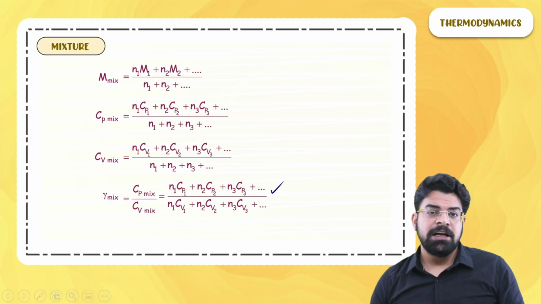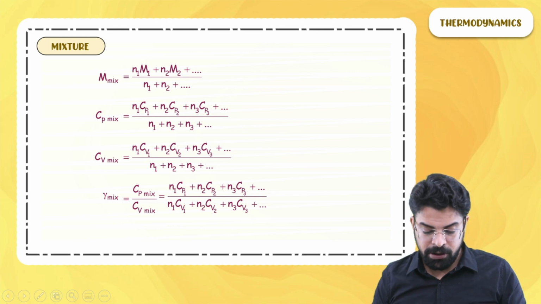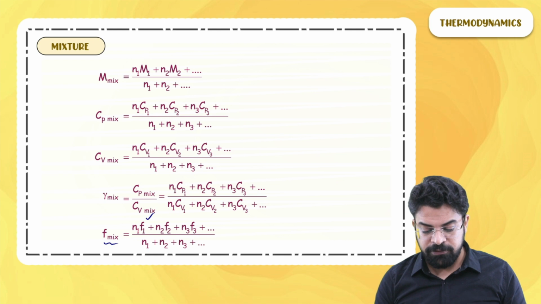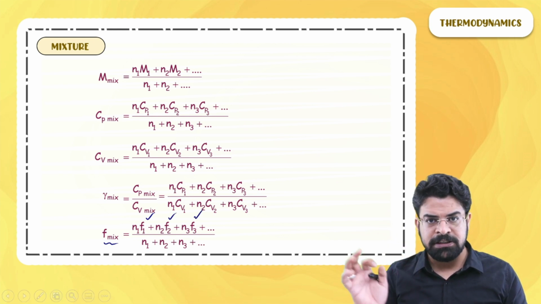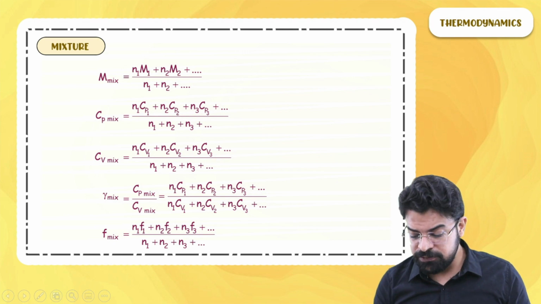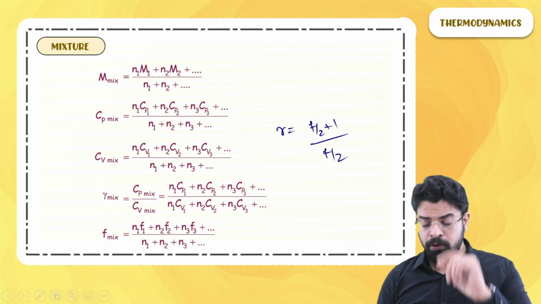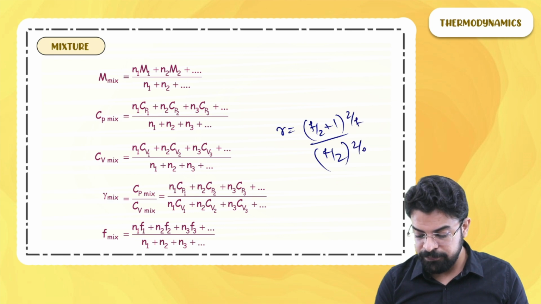But to find gamma mixture, I personally use the degree of freedom method. We can write degree of freedom of mixture equals N1 F1 plus N2 F2 plus N3 F3 and so on upon N1 plus N2 plus N3. And since we know that gamma equals F by 2 plus 1 upon F by 2, multiplying both sides, numerator and denominator, with 2 by F, we get gamma equals 1 plus 2 by F upon 1.